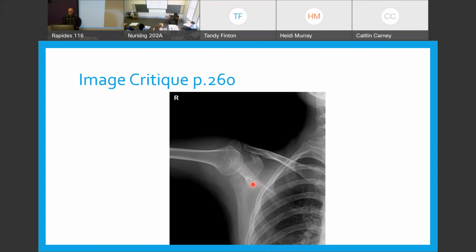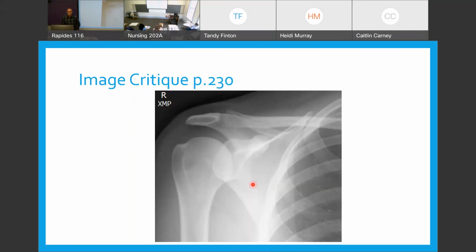All right. Let's see. Miss Morris, let's go. That's going to be an internal rotation. What's the image of? AP shoulder. Okay, I'm with you. There's a greater overlap of the humerus head over the glenoid cavity.